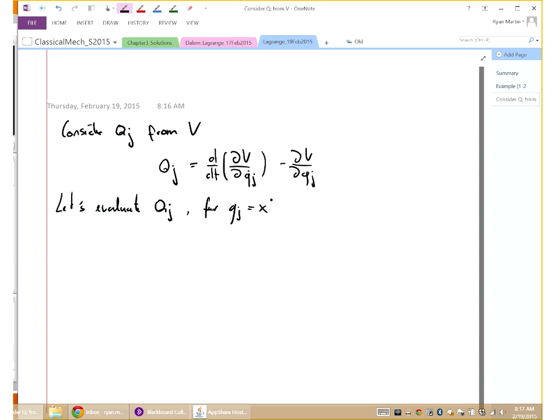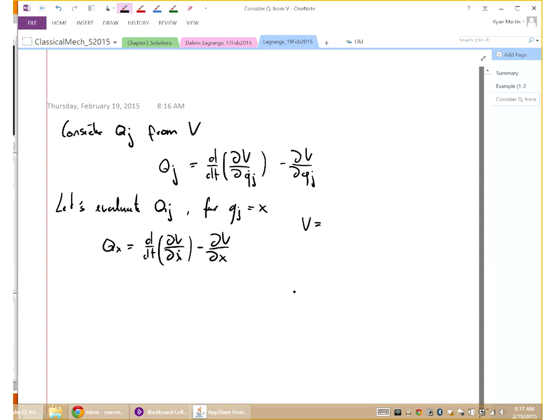We have 3 degrees of freedom, so q1 is x, q2 is y, and q3 is z. So what we want is Qx, which is d by dt of ∂V by ∂x dot minus ∂V by ∂x.